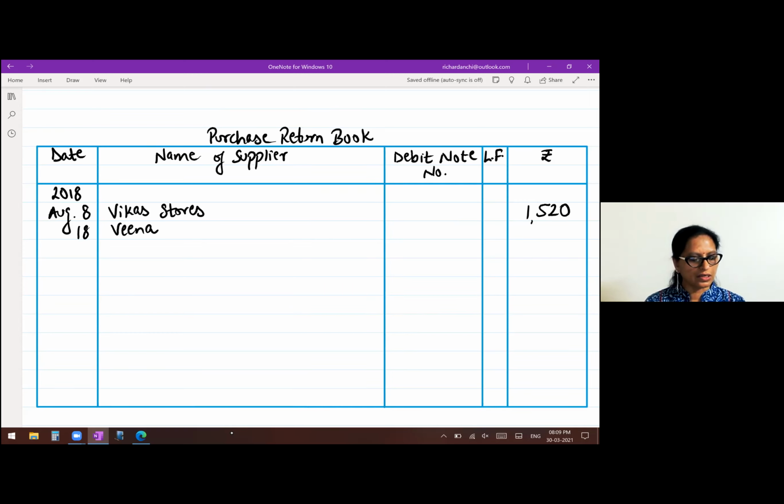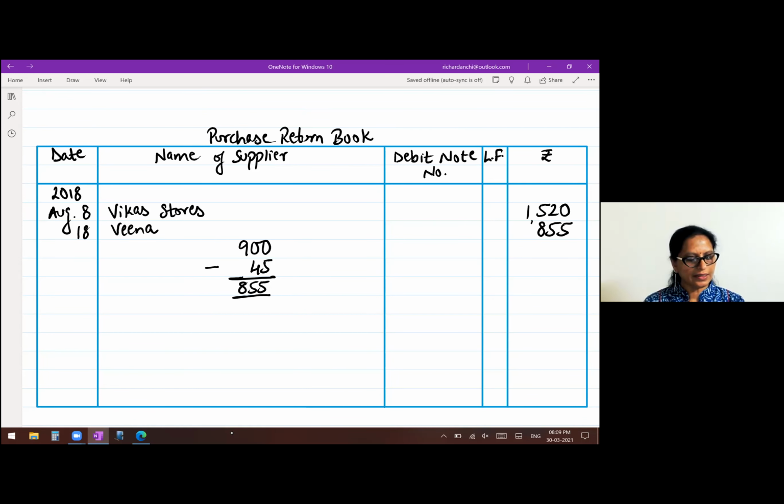So you have to see, if you see the fifth transaction, we had purchased goods from Veena at 5% trade discount. So this 900, find out 5%. So 5% is 45, balance remaining 855. So always deduct when it is gross, deduct the trade discount and then write.